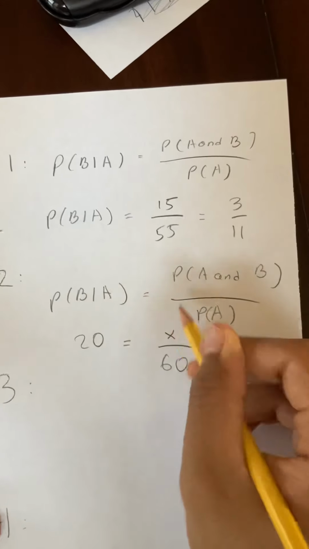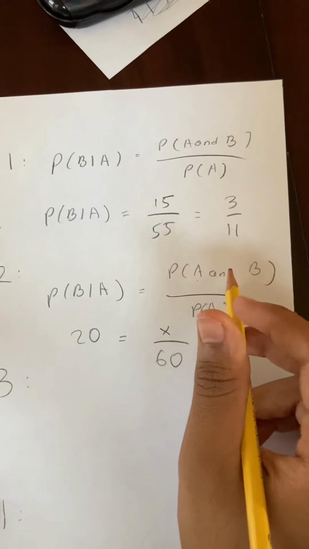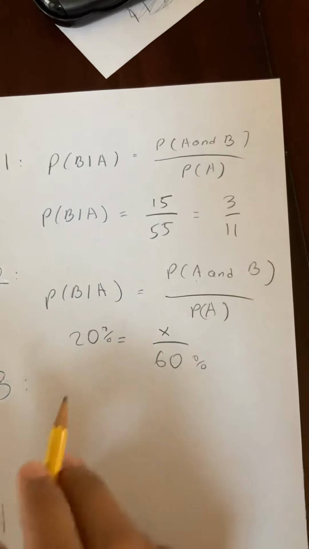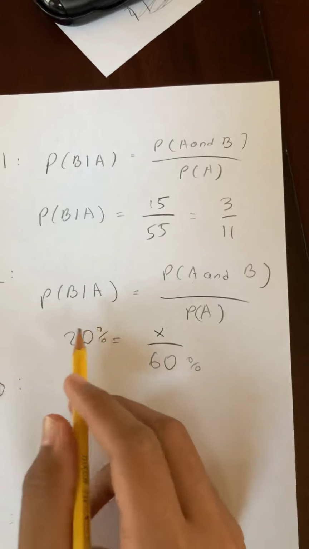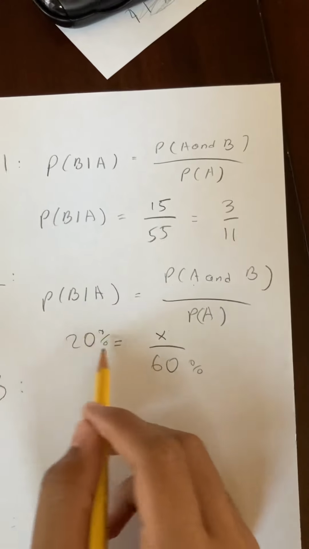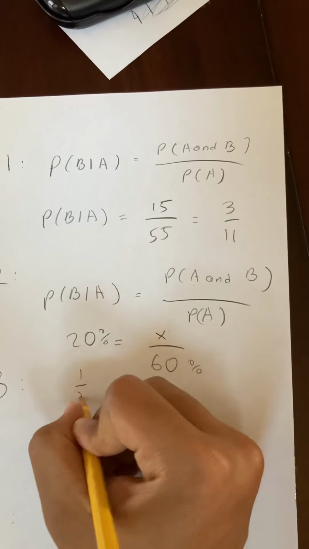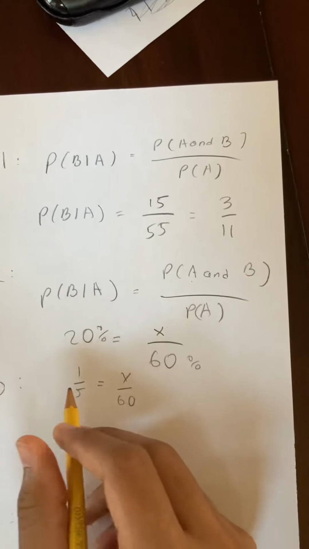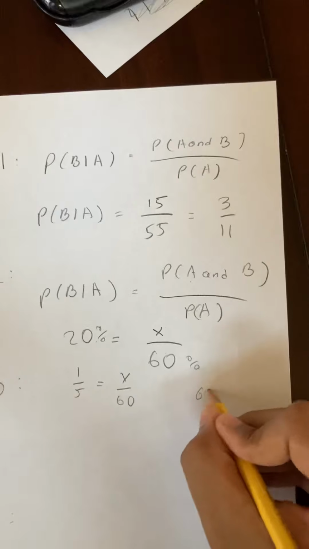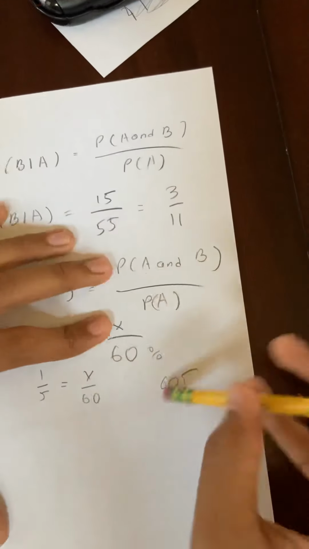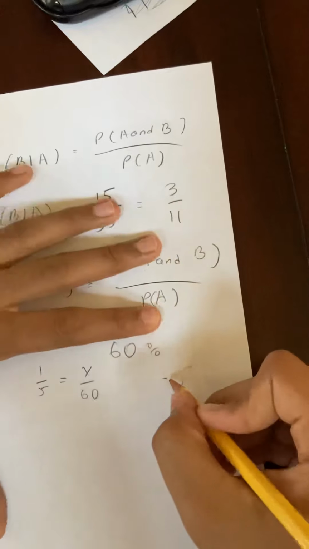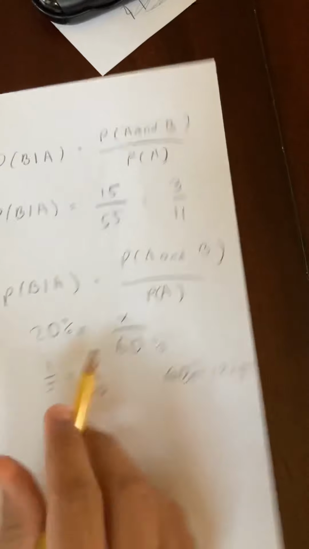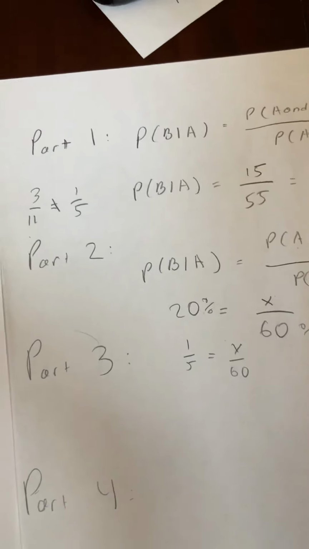Now we're trying to find X, which is the probability of A and B. We know that 20% is equal to 1/5. So what over 60 is equal to 1/5? Well, that's 12, as 60 divided by 12 is equal to 5. So we get the answer of 12%.